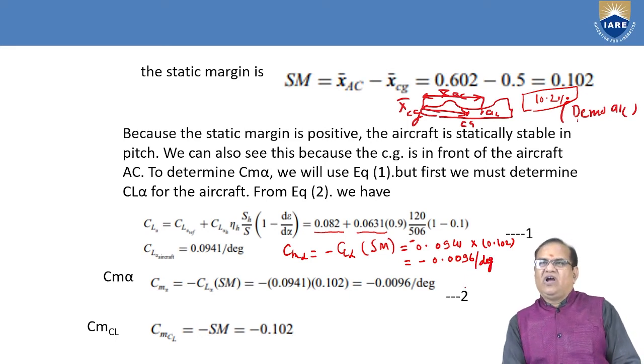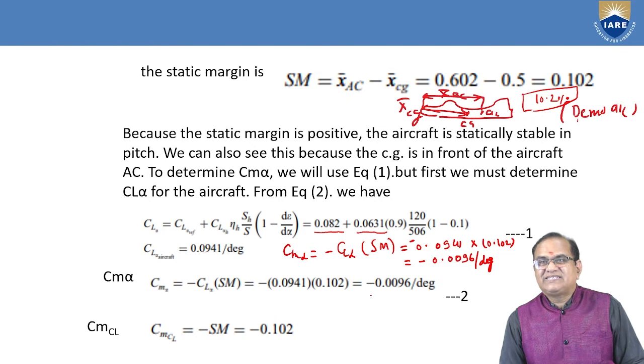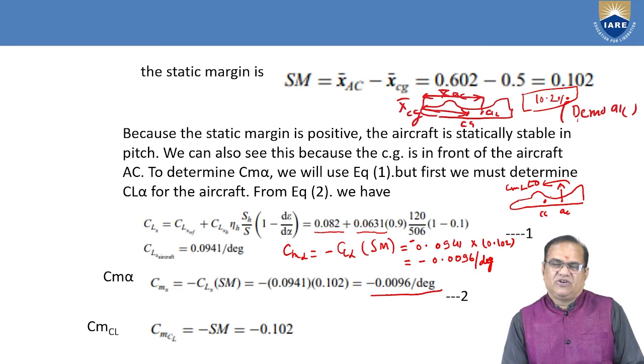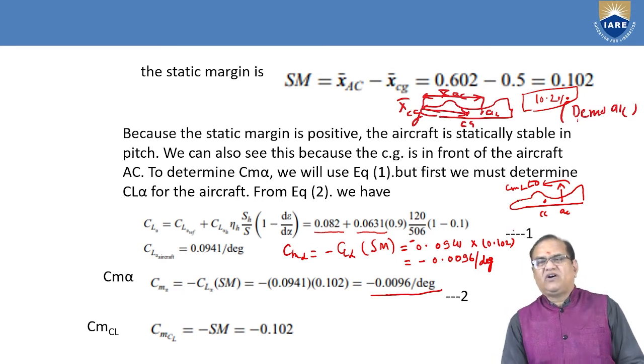So we have got Cm alpha, and it is negative. If the Cm alpha is negative, we can see from here this is the AC, where your lift force will act, and this is the CG. So Cm alpha is negative, less than 0. In this way, we have found out that Cm alpha is equal to minus 0.0096 per degree.